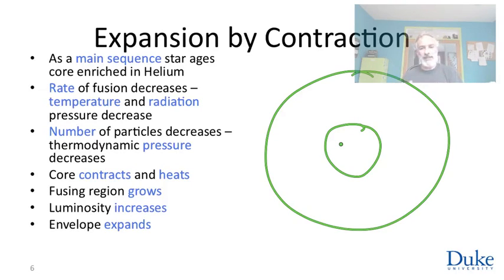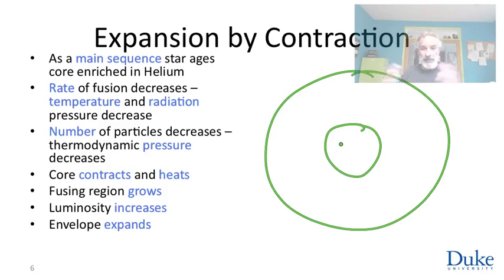This means that the probability for collision of two protons in order to initiate fusion decreases, because some of the time the protons are not running into each other, they're running into helium atoms, and in the sun they do not have enough energy to actually fuse effectively with helium. And so the helium is inert, and there's less and less protons running into each other, so one would predict that the rate of fusion would decrease in the core.